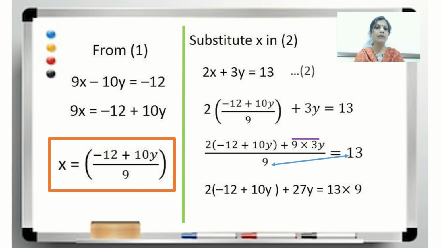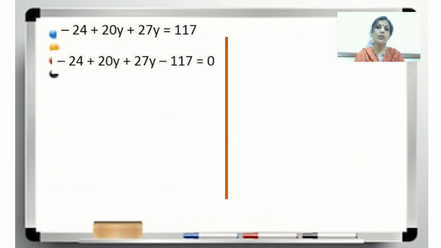So again we will simplify this by multiplying 2 with the bracket. So what do we get? We get minus 24 plus 20y plus 27y is equal to 117. Solve it once again. So it will be this minus 24 minus 117, we will add it, and even 20y plus 27y, that also we will add, and what do we get?